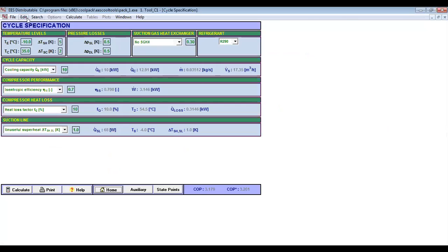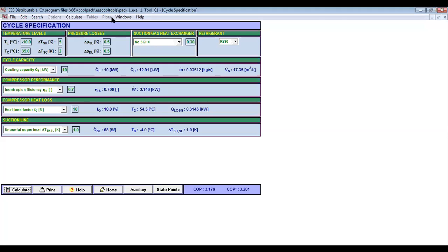So you can even edit this. Edit cycle specification, even the refrigerant type you can change, whatever the refrigerant, let's say R290. Then your evaporating temperatures, condensing temperatures, once you set all, you can generate the results.